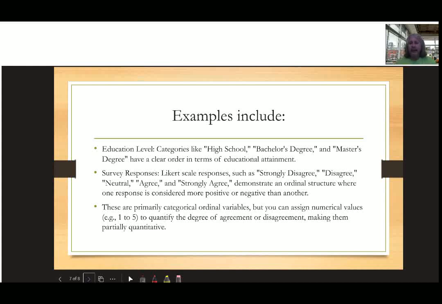Now, what gets interesting is stuff like survey responses. So we actually have a lot more order here between strongly disagree, disagree, neutral, agree, and strongly agree. These demonstrate an ordinal structure where one response is considered more positive or negative than another. Now, if I was to take those levels of agreeing and replace them with numerical values such as 1 through 5, all of a sudden this becomes partially quantitative.